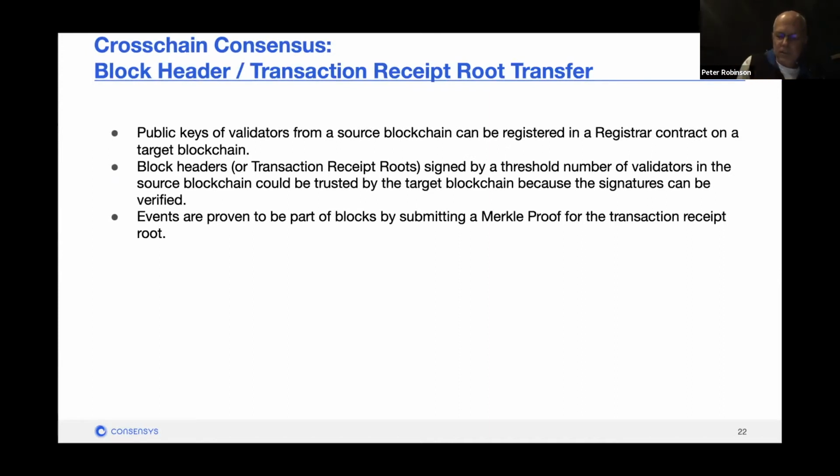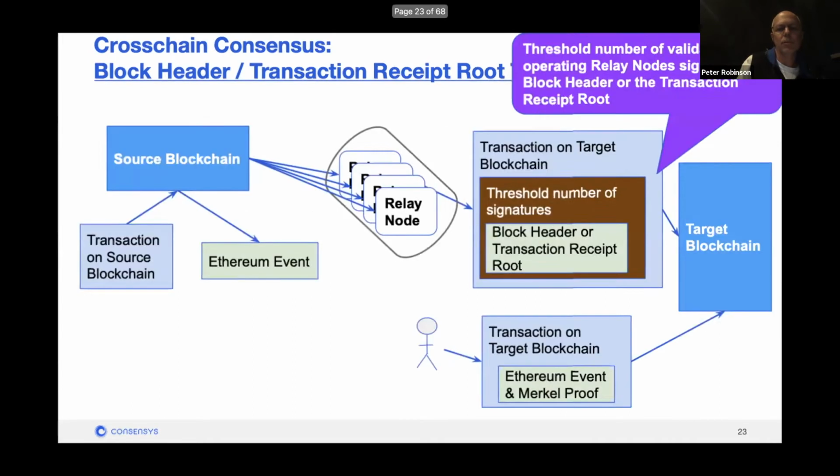Another way you can do it is block header transfer or transaction receipt transfer. Essentially the idea here is that you transfer the block header, and then you're able to prove that an event has occurred using a Merkle proof. So in this scenario, again, you emit an event, and then you have the relay nodes.